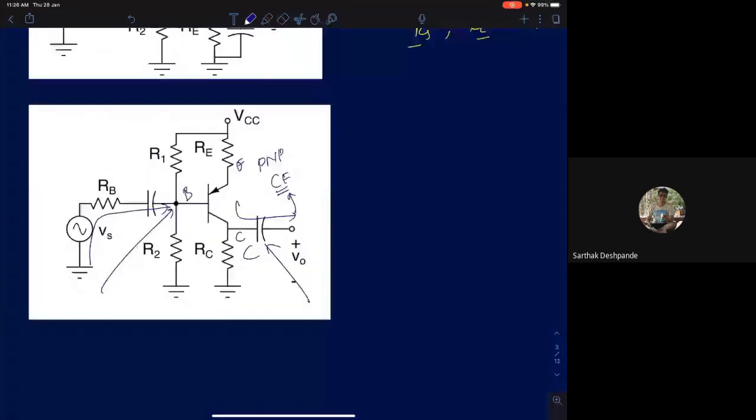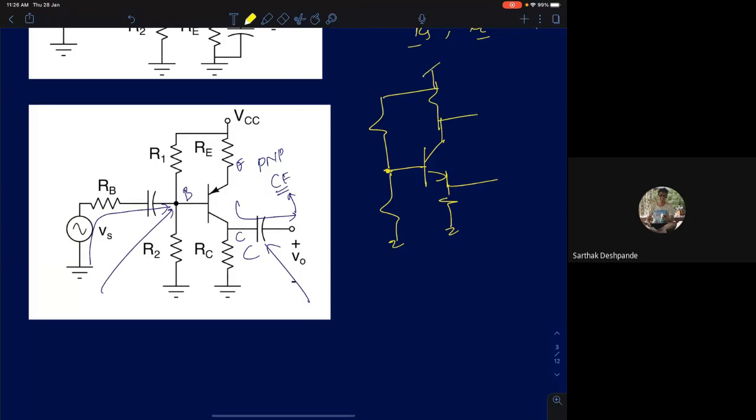Let me see. So, for example, let me give you a circuit like this. So what kind of configuration is this?